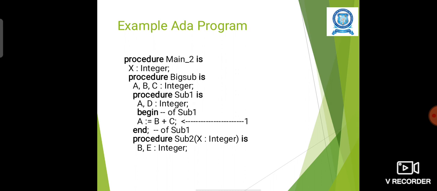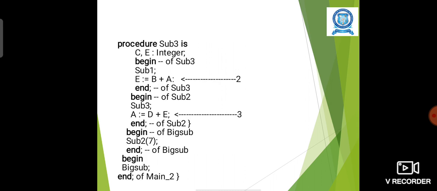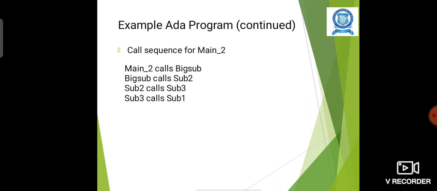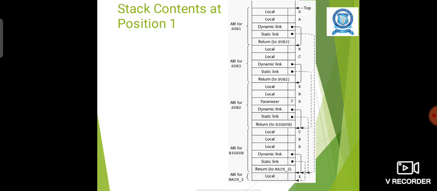Under that, sub1 has been defined. Inside sub2, sub3 has been defined. So main2 calls big sub, big sub calls sub2, sub2 calls sub3, sub3 calls sub1. So in this way, several subprograms can be nested in some programming languages.